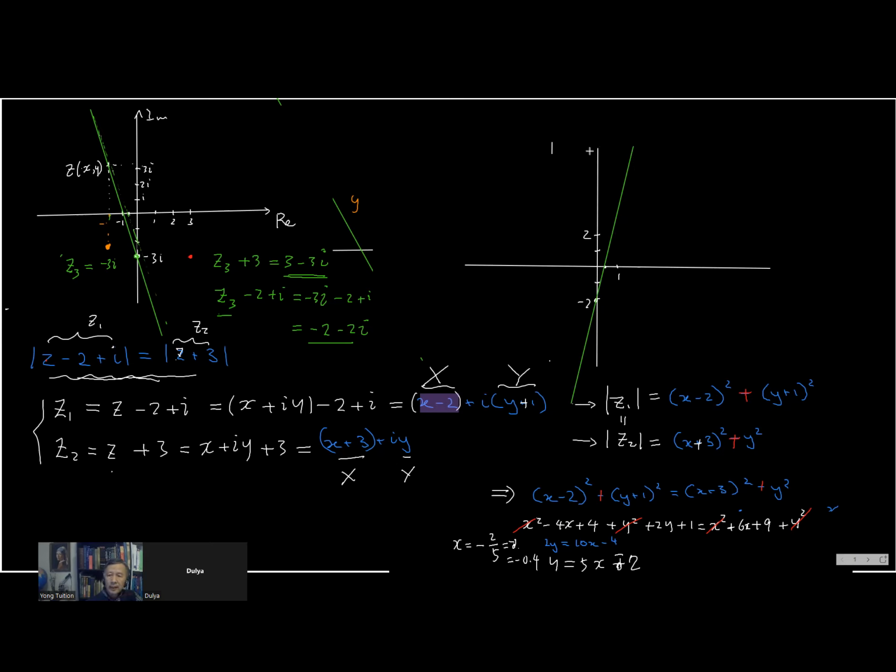Okay, this time we again pick up a particular z. Can we put a particular z here? In principle, any z on this straight line should satisfy this condition, but we will see.